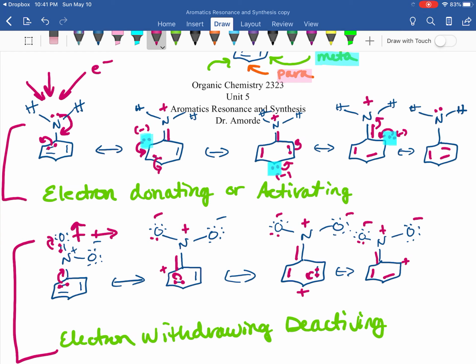Okay, then how do we fill in that space? Well, remember, we've got to get back to where we started. A resonance for benzene goes all the way back to where you start because you're just showing electron density. So we have to actually go all the way back to our oxygen and then put those electrons back. So now we're back to where we started.